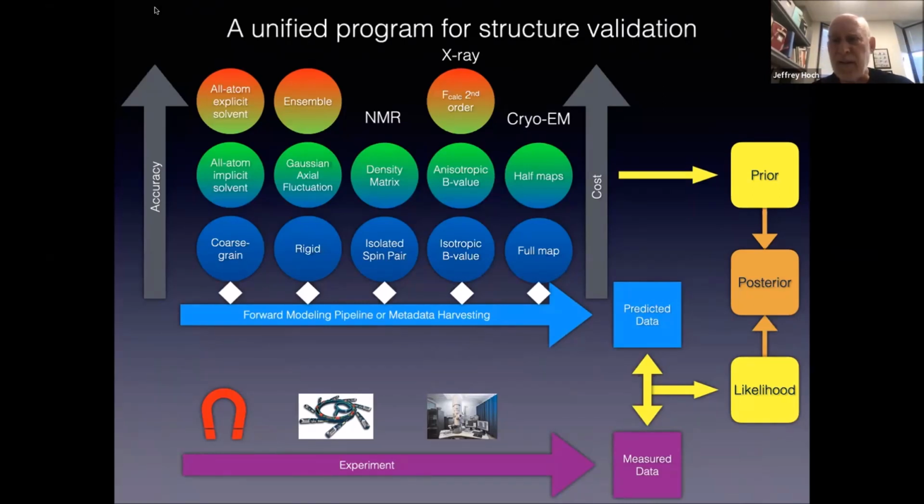You then use that forward modeling to calculate a prior probability in the Bayesian sense, how likely the structure is to agree with existing knowledge, while at the same time calculating a likelihood using Bayesian restraint functions in order to get a proper likelihood or chi-squared statistic.